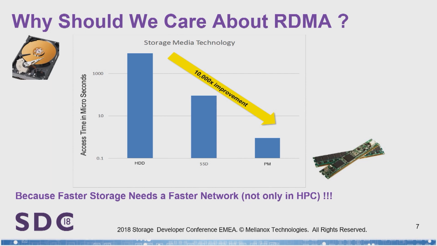And the next generation storage, persistent memory, can even be better and can reach below 5 or even 1 microsecond. So the motivation is that we have very fast storage, and we don't want the network to be the bottleneck of the I/O operation.